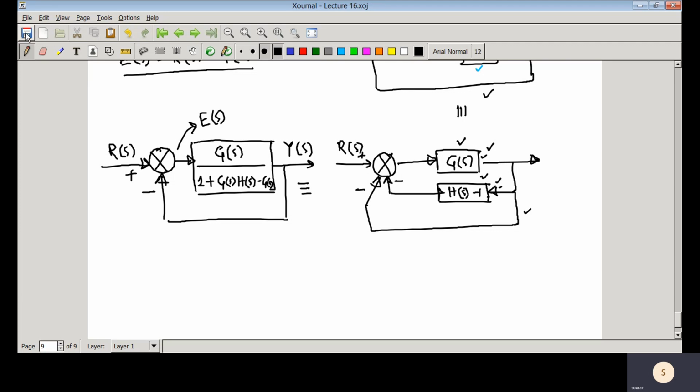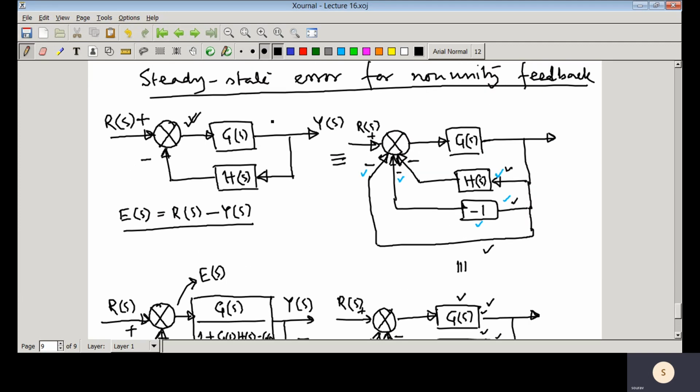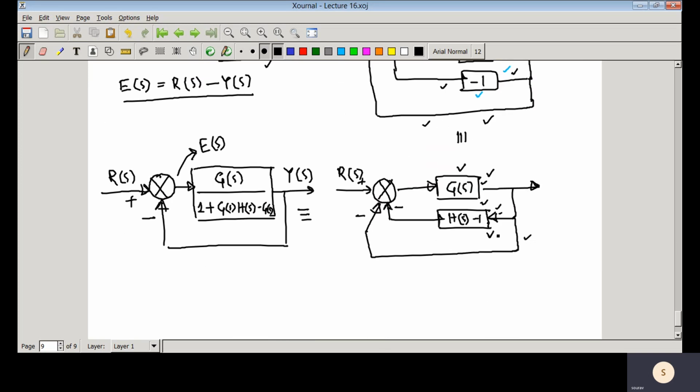So what we have seen, that means whenever we have a feedback path like that, E(s), G(s) and H(s), this is no longer an error signal. So we have transformed this particular path. That means we have added minus 1 and plus 1 with negative feedback, and then we have combined these two, we'll get this one. Then we can transform it in that way. So then what happens?